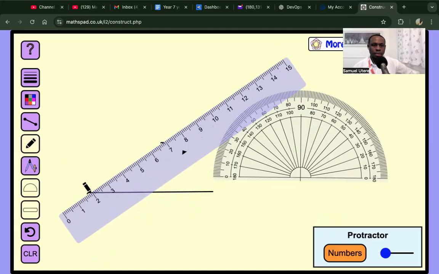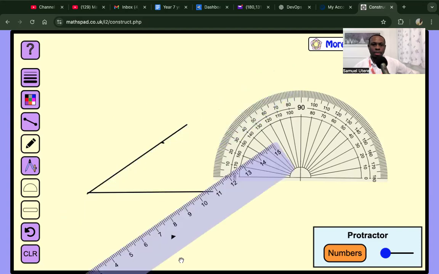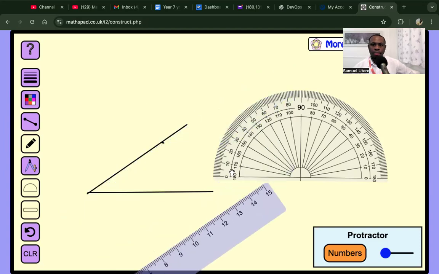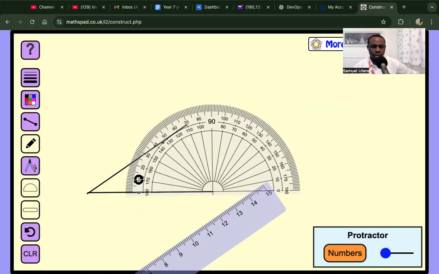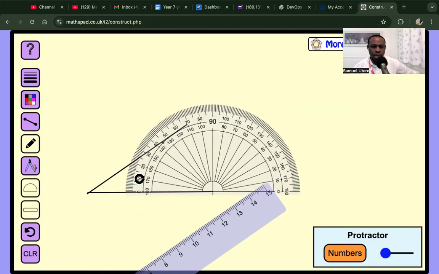Okay. So we keep the line going. And then we measure 40 degrees on this side. We make sure the zero mark lines up with our line, make sure it lines up with our line when you're doing this on paper.